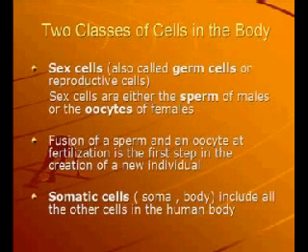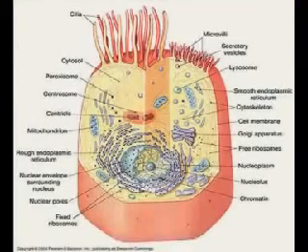Sex cells are either sperm for the male or oocytes for the female. Fusion of sperm and oocytes at fertilization is the first step in the creation of a new individual. Somatic cells, soma referring to the body, include all other cells in the human body.